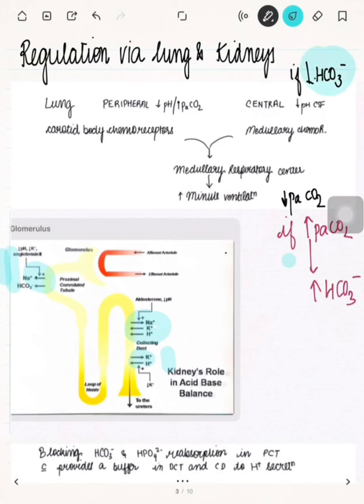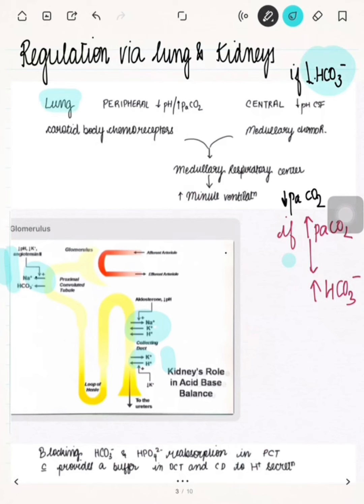Similarly, when arterial CO2 is increased, it is respiratory acidosis, and when it decreases, it is respiratory alkalosis. So if bicarbonate is decreased, there will be compensation, and compensation occurs with the help of the lungs. The metabolic problem is in the kidney, so the compensation will occur by the lungs.